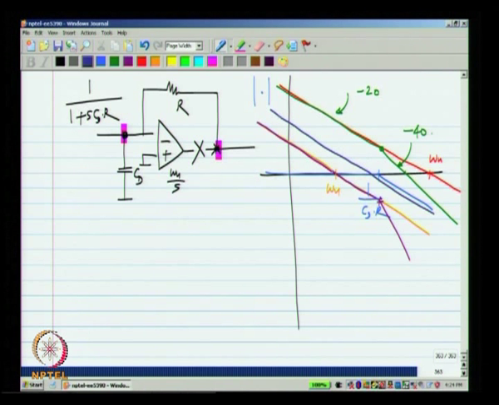In this case, what happens is the loop gain will have 20 dB per decade slope up to this point, just beyond the unity loop gain frequency, and from there it will fall off at 40 dB per decade. Okay. So, that is the limit, and this is why we can't have a very high omega_u. So, even if you are able to build an op amp with a very high unity gain frequency, it is useless.